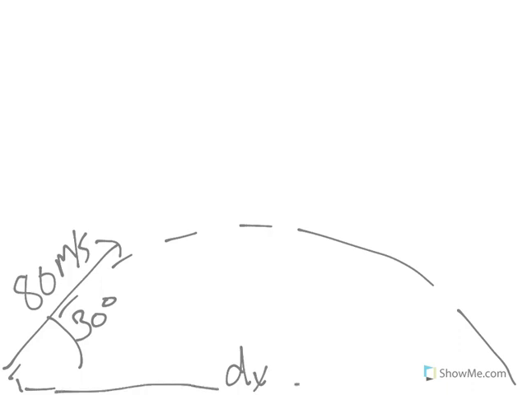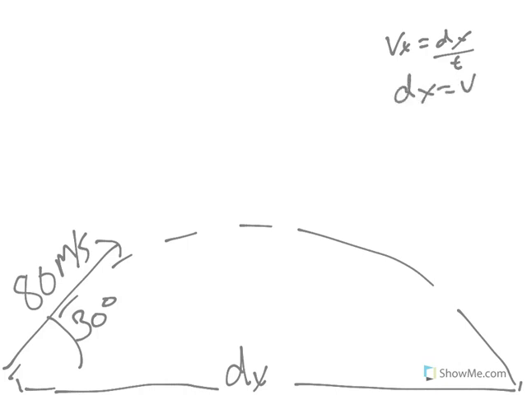So we're looking for dx. Formula for dx really is just vx equals dx over t solved for dx. Well, in this case, dx would be equal to vx times t because we'd multiply the t up. So we're trying to solve this formula.